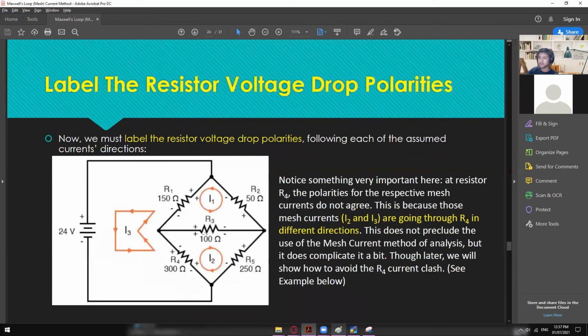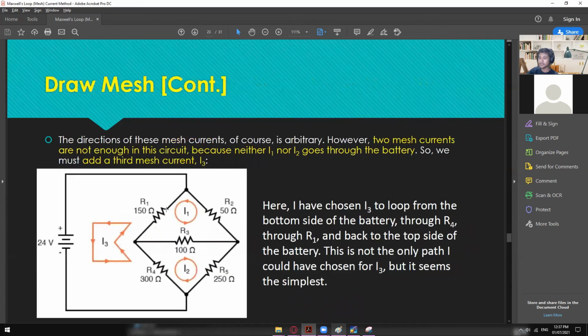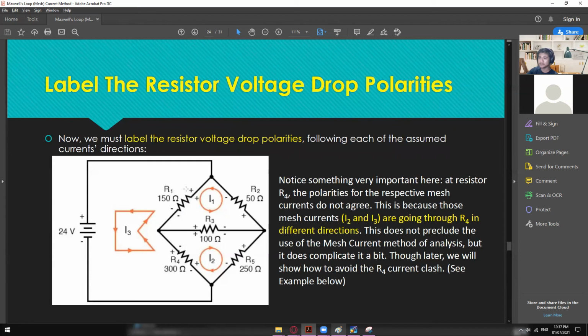So let's now solve this one. In here, what we did is put the labels of the resistor voltage drop polarities. So we've come up with this polarity: positive, negative, positive, negative. So we have the same flow of current, and then right here we have positive, negative, positive, negative. So this one is also the same flow of current.